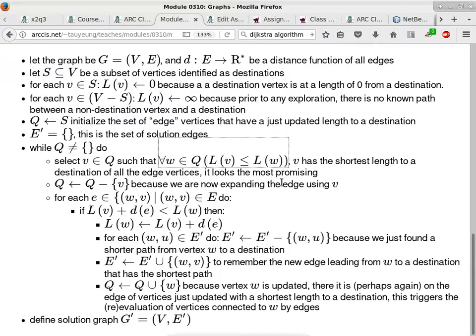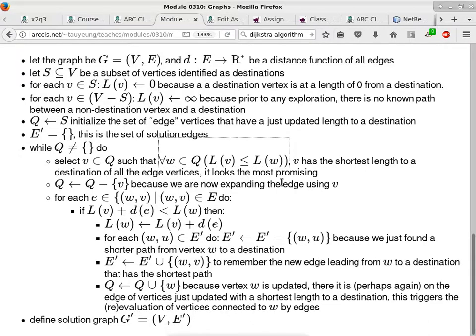In other words, V is the most promising vertex within this set. And this is why it is called breadth first search, because we examine and expand the most promising vertex. Instead of picking just a random one, we say, okay, who looks the most promising? You have the shortest path to the destination at this point, we're going to pick you.